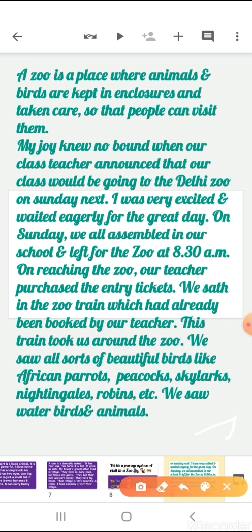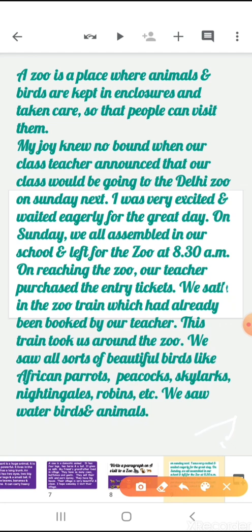On Sunday, we all assembled in our school and left for the zoo at 8:30 a.m. On reaching the zoo, our teacher purchased the entry tickets. We sat in the zoo train, which had already been booked by our teacher. This train took us around the zoo.